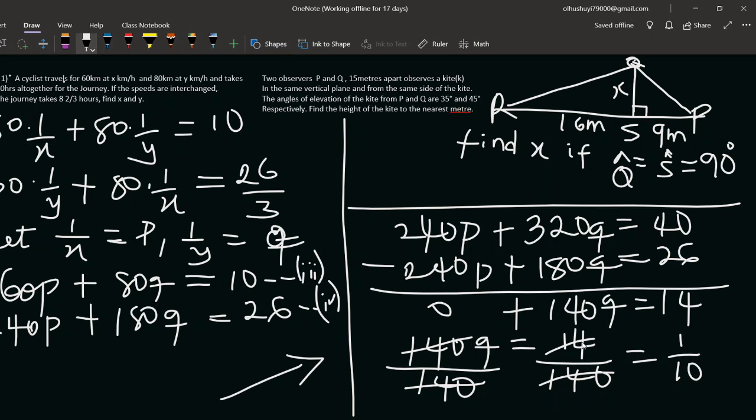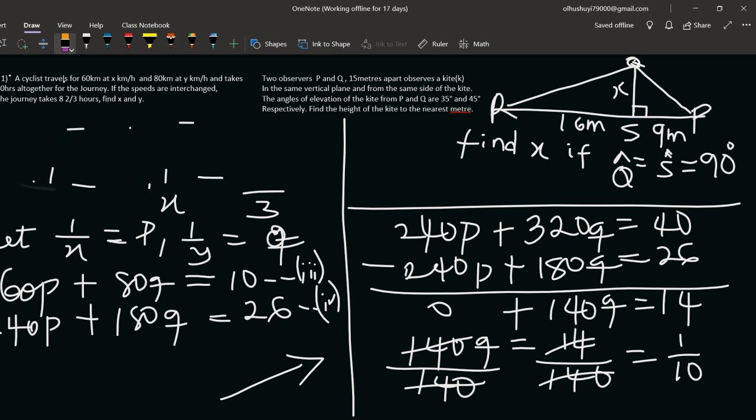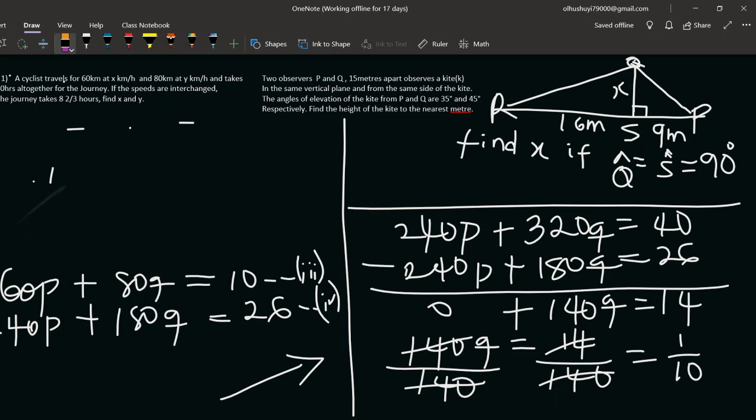So if q is 1 over 10, automatically we can get our p. I want us to get our p from equation 3. So from equation 3, we have 60p plus 80 times 1 over 10 equals 10.